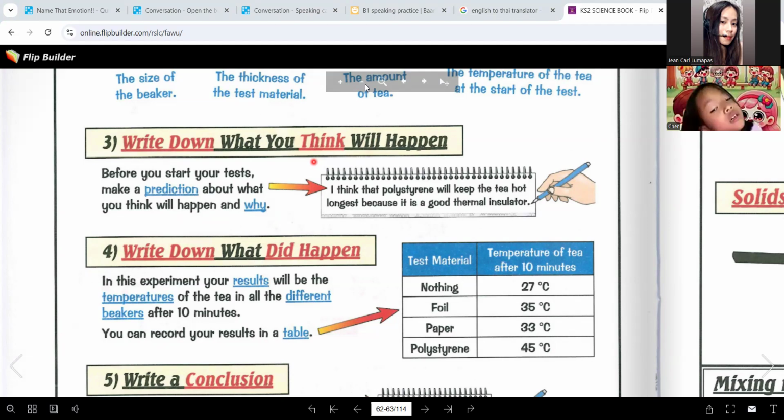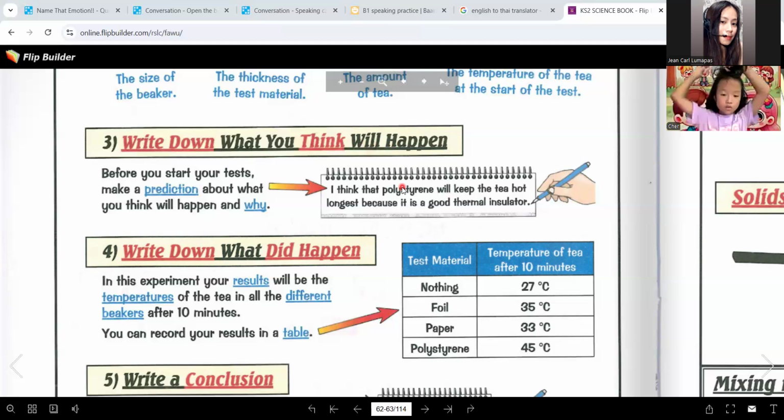What is a prediction, Sherbel? Write down what will happen. Is the experiment already done or not?